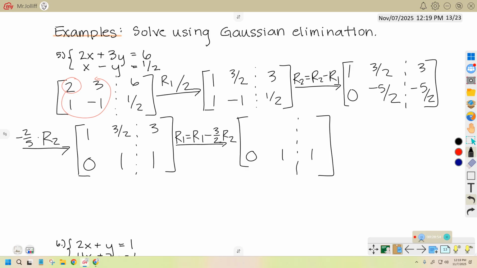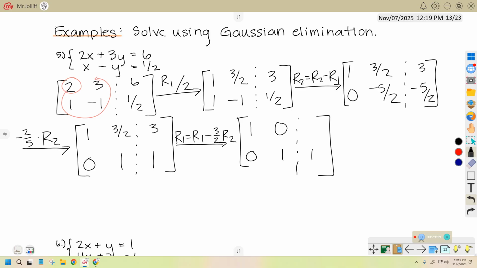Well, anything times 0 is 0. 1 minus 0 is 1. Okay, next one. 3/2 minus 1 times 3/2 should be 0. Because that's what we wanted. That's why we did this.